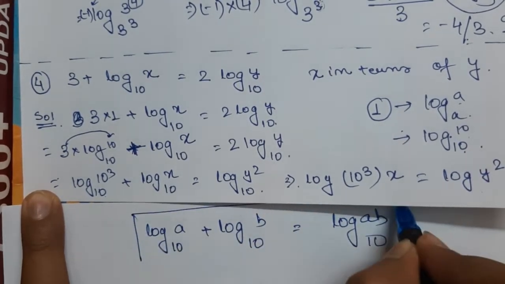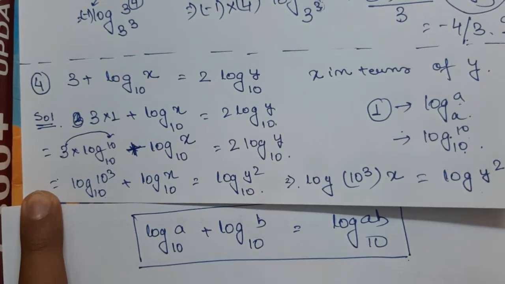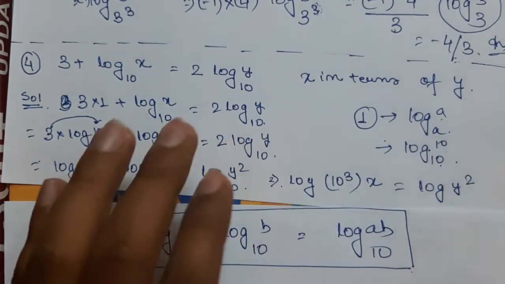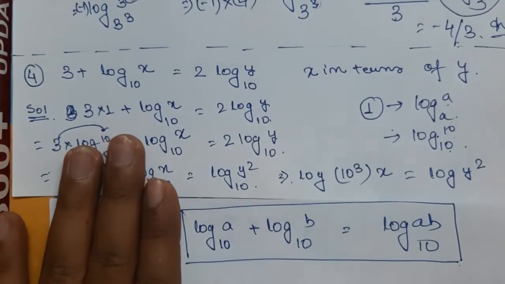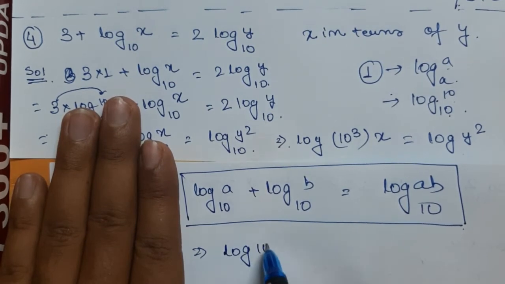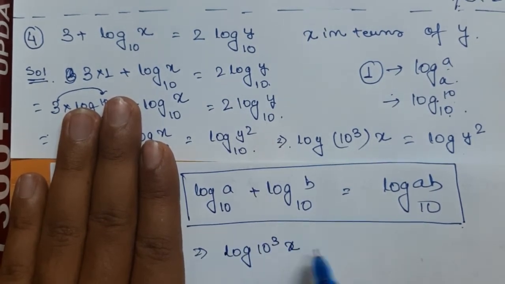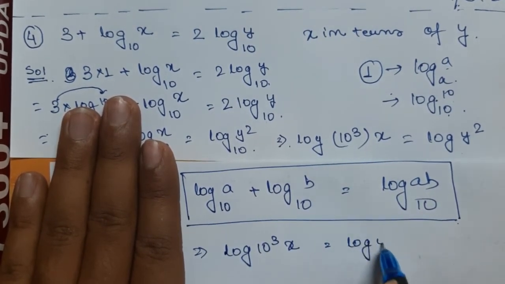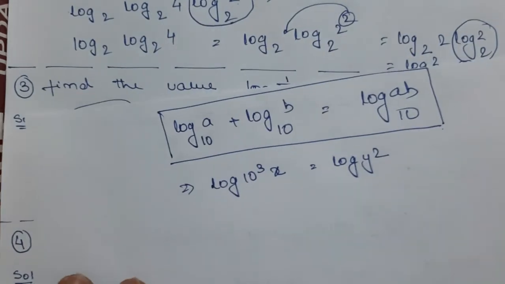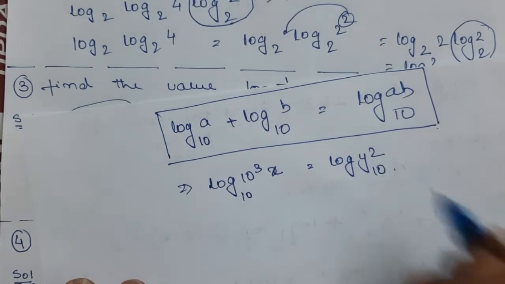I think I have told this in the properties, right? So what is the result now obtained by using this property? The result obtained is this. Here it is base 10, here it is base 10.